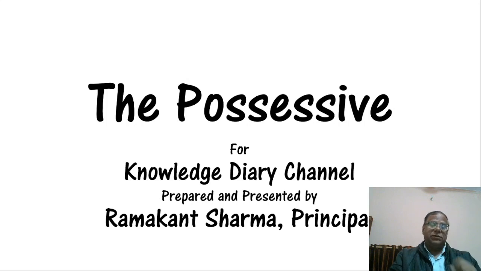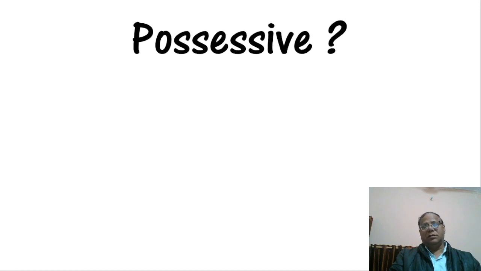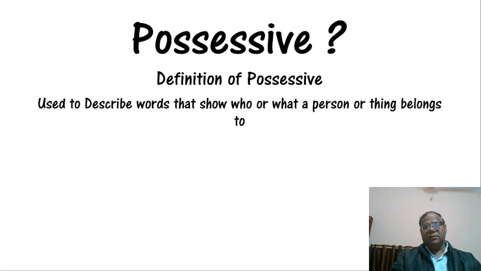So let us proceed without wasting our time. First of all, we would like to know what possessives are. The definition of possessives is in this manner. Possessives are used to describe words that show who or what a person or thing belongs to.